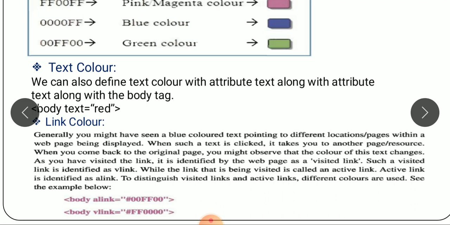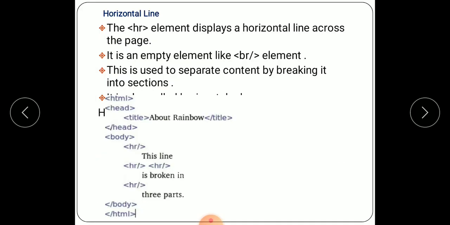So it shows your red color. Okay. It means if you want to change your link with different colors, you can use link color: body link is equal to a color.